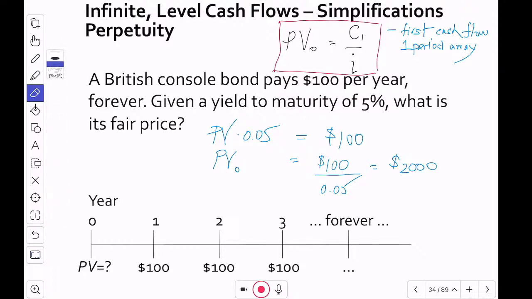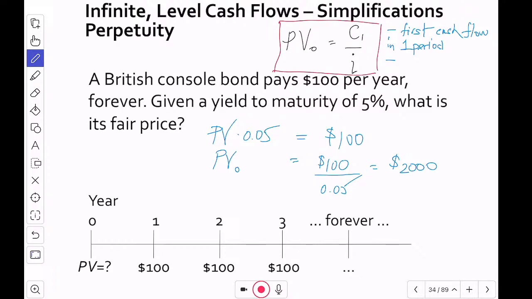I'm going to say in 1 period. First cash flow in 1 period. So the first cash flow is 1 period away from today when you're valuing the asset, the bond.